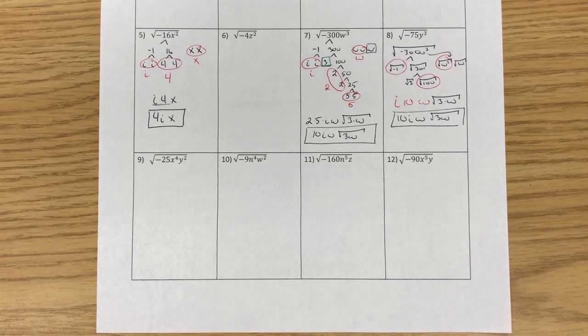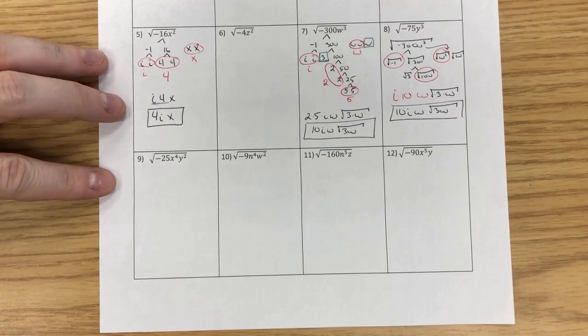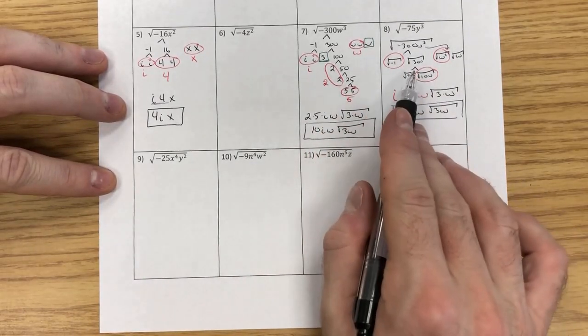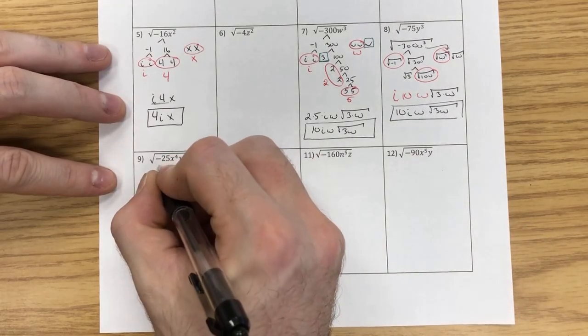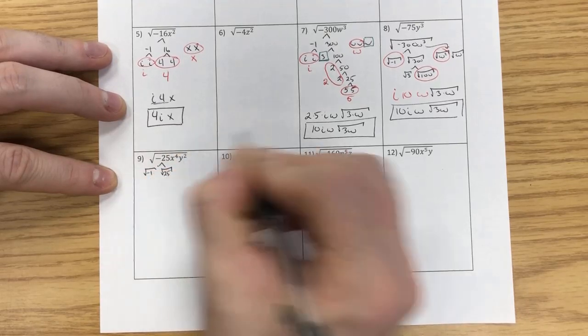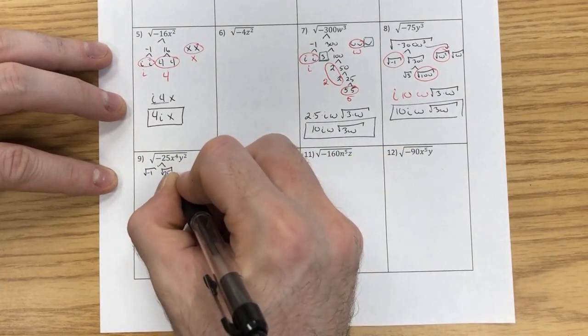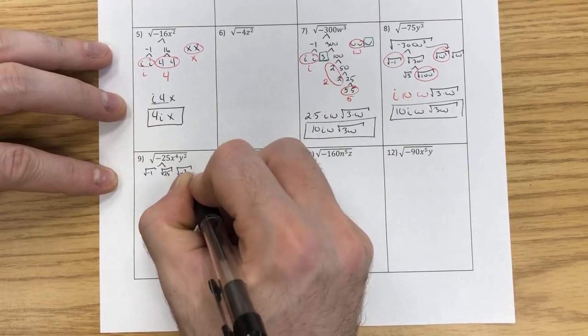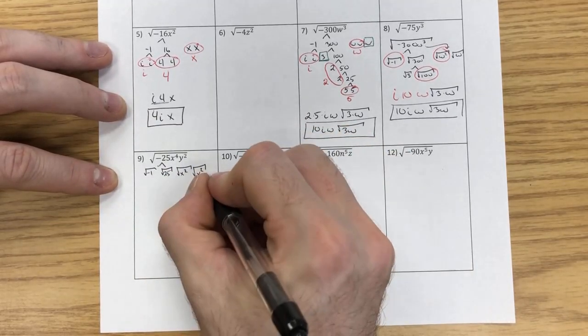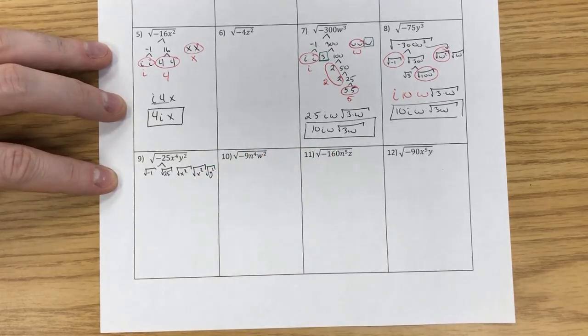Okay, let's see how we did. So the first way I'm going to show using the traditional method. I'm going to say right here I have the square root of -1 and the square root of 25. Right here I have the square root of x squared because squared and squared will make x to the 4th, and the square root of y squared.